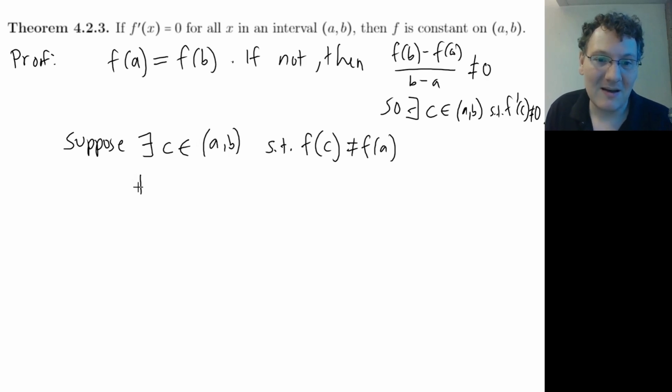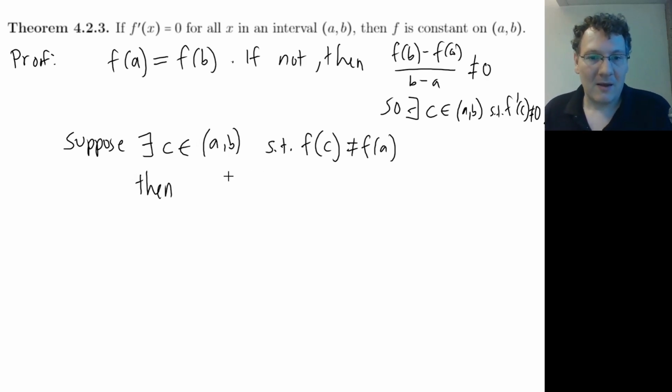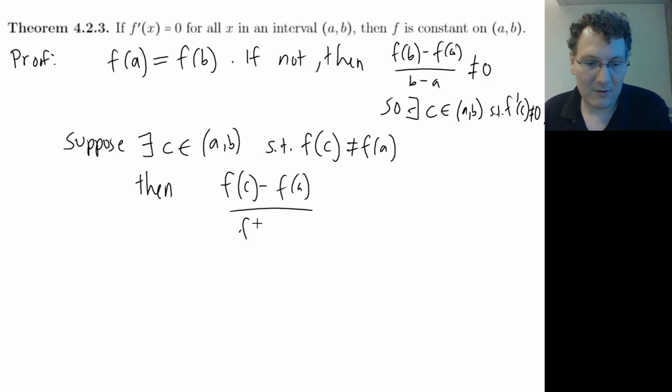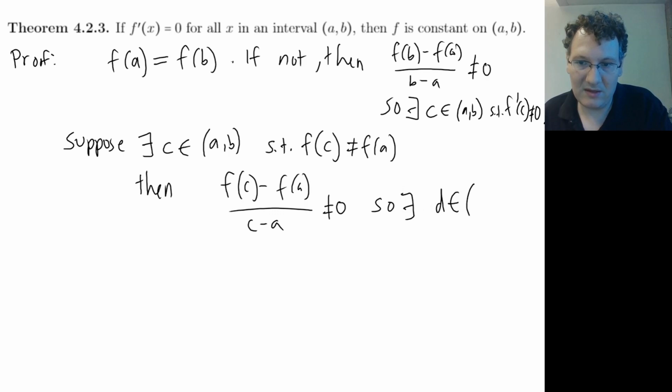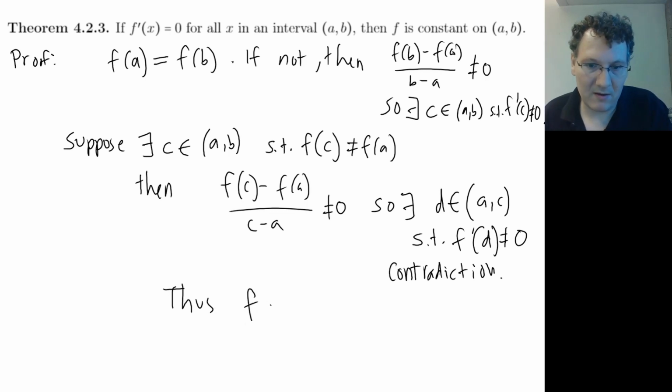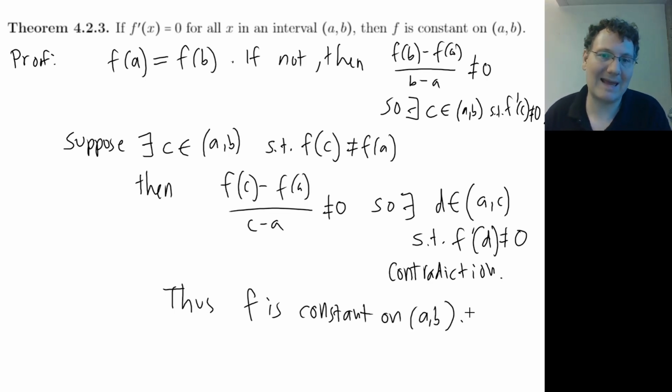But that means f of c minus f of a over c minus a is not equal to 0, so there exists some d within the interval from a to c such that the derivative at d is not equal to 0. But this is a contradiction. Thus, f is constant on a to b. It has to be.